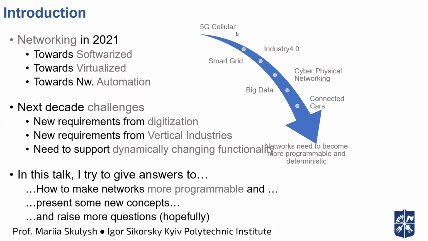For example, 5G is nowadays, for sure not in Ukraine, but some companies are already testing 5G technology, and in different countries it is already used. From the other side, we have tasks for industry 4.0, which is about how machines should work independently from people.